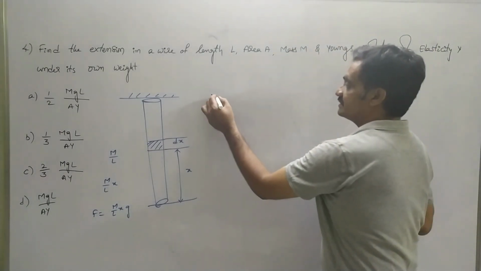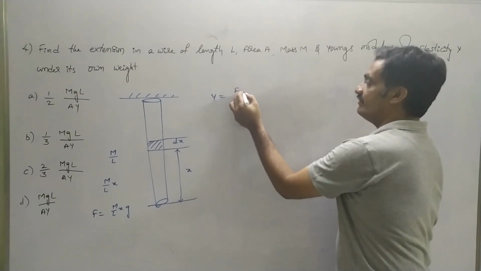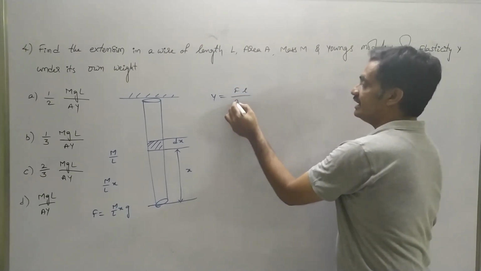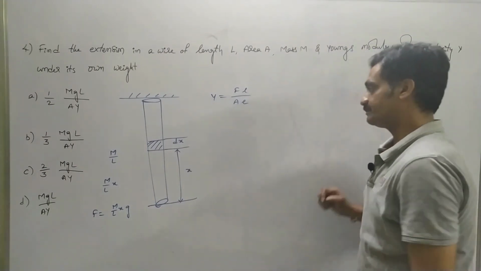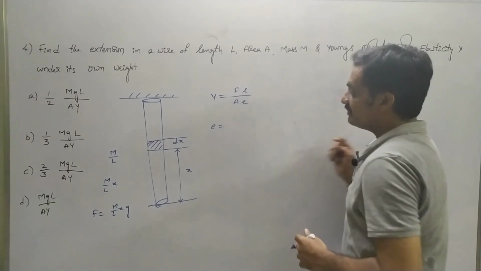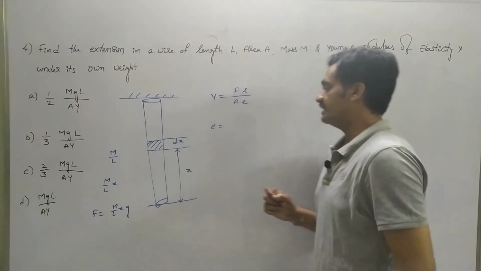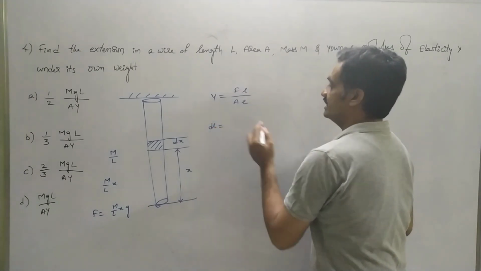Then Young's modulus is represented as Y = FL/Ae, where e is the extension. In the place of e we have to substitute dl, because dl is the change in length.